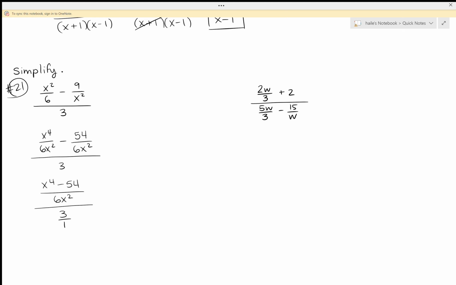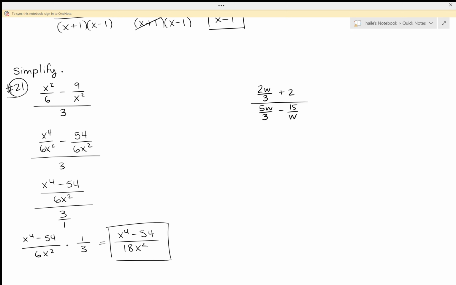So now this turns into a fraction division problem: (x to the fourth minus 54) over 6x squared times 1/3, which, if we carry that out, gives x to the fourth minus 54 over 18x squared. That would be your final simplified answer.